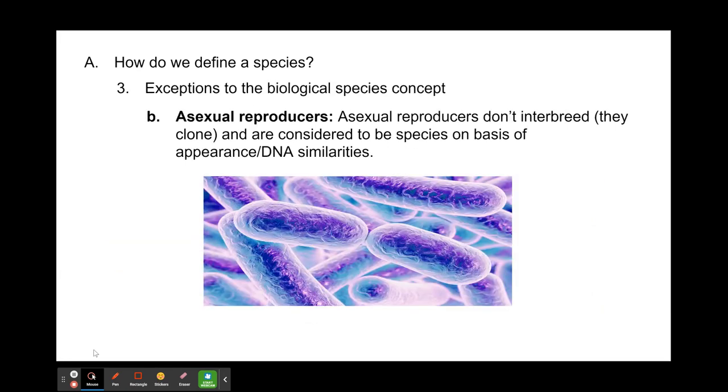Asexual reproducers don't mate with others, so that's another exception. How do we use the biological species concept to define them? In this circumstance, we usually have to observe DNA similarity and similarity in appearance to define them, in which case we would follow the phylogenetic species concept.